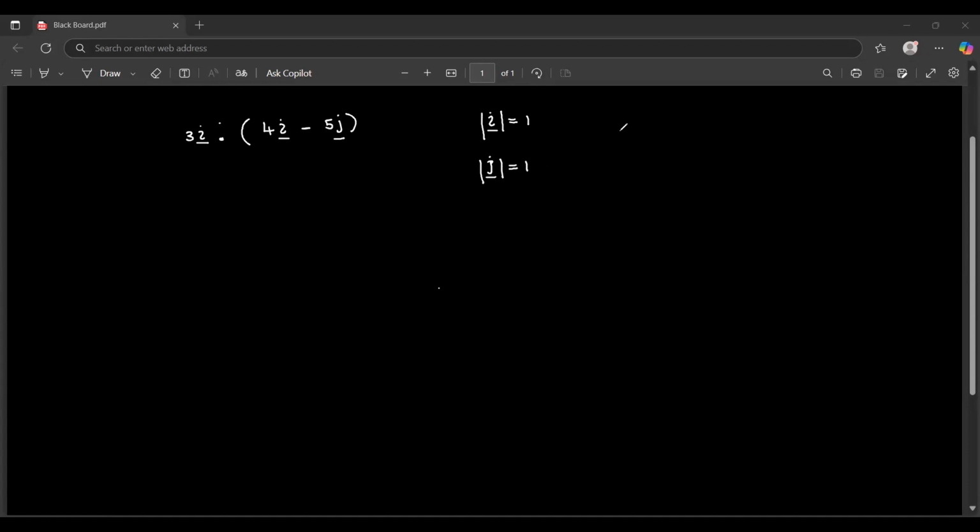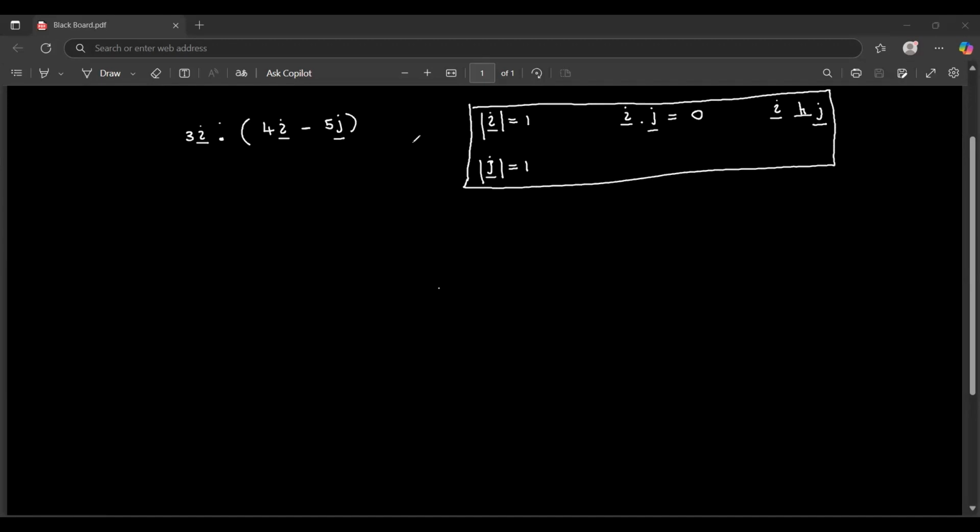And another specific thing that we should take care of here is i dot j is equal to 0. Why? i and j are perpendicular to each other. They are not going to give you all this data. They will only give this specific question, and you should be able to remember these things and apply them here.